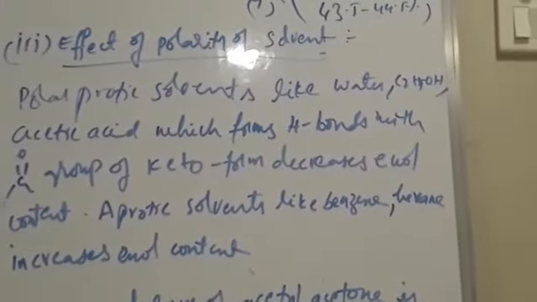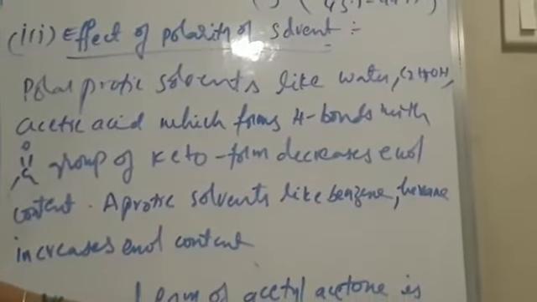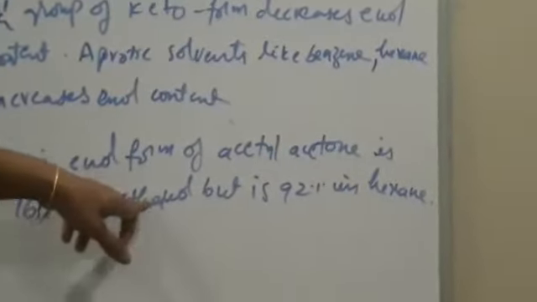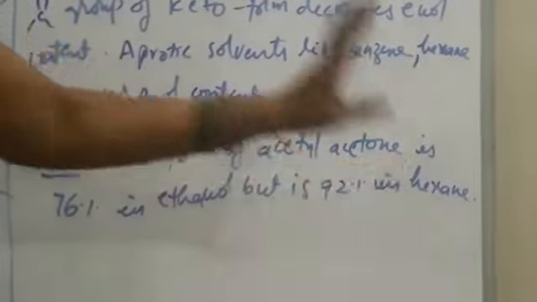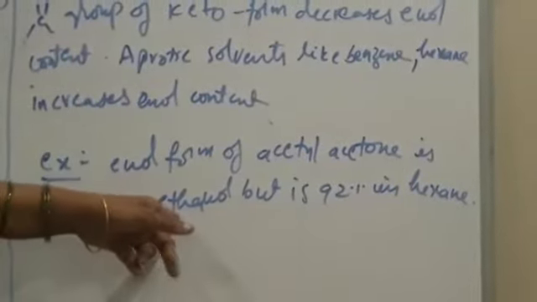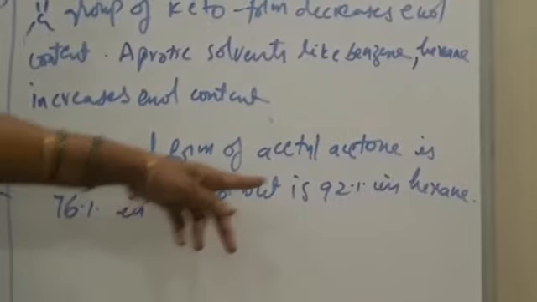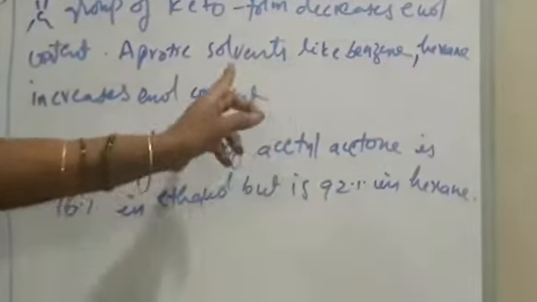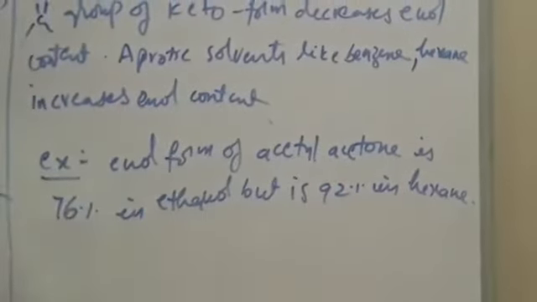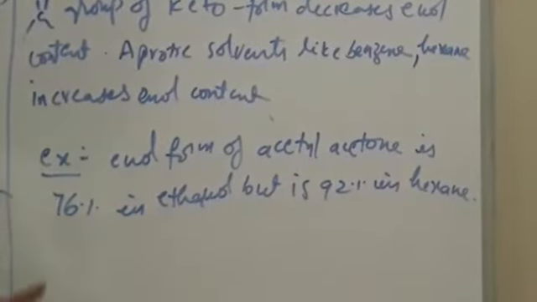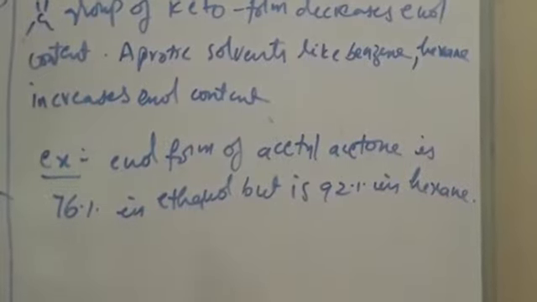For example, the enol form of acetyl acetone is 76% in ethyl alcohol, but it is 92% in hexane. Why? Because ethyl alcohol is a polar protic solvent and hexane is an aprotic solvent. So aprotic solvents increase the enolic form and protic solvents decrease the enolic form. So all these are different factors.